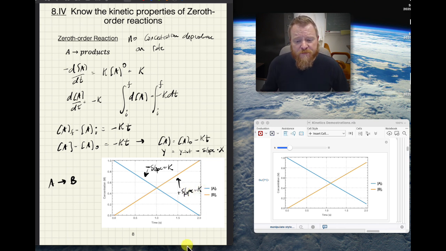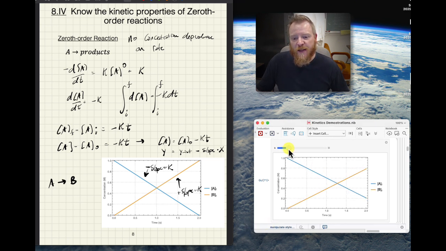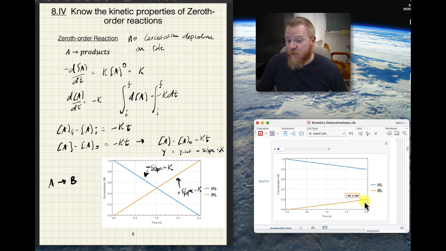Okay. And if we were to look at what happens if we increase or decrease the rate constant, we can see right here that those slopes change. So if I decrease the value of the rate constant, you can see barely any A decays and hardly any B evolves, right? But if I increase the value of the rate constant, you can see those slopes increase dramatically.